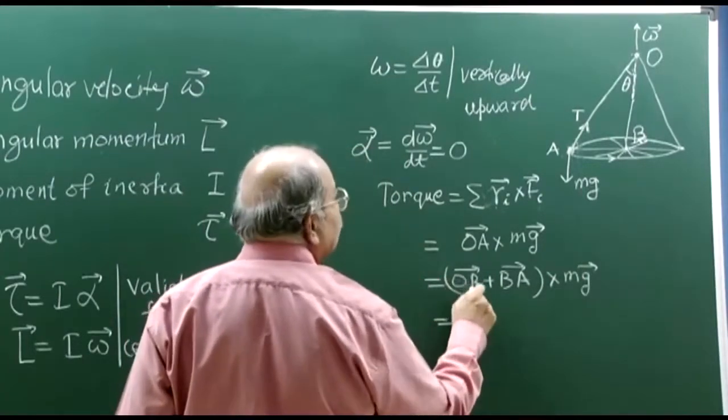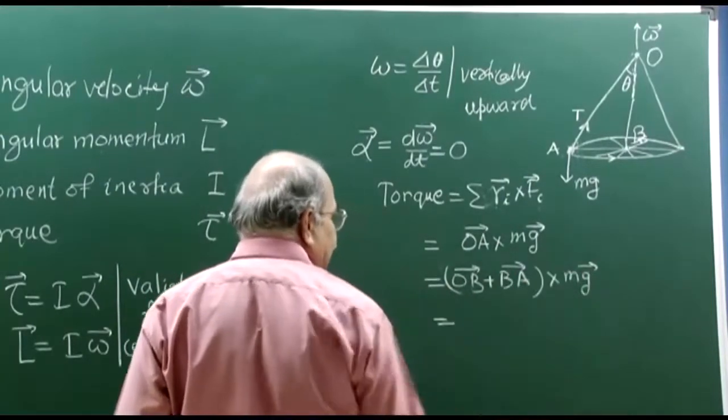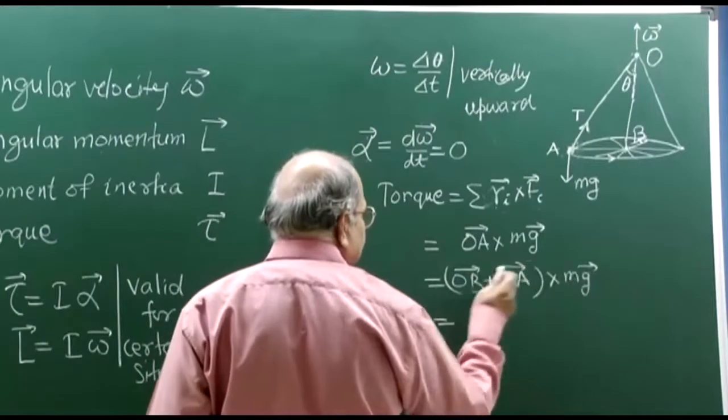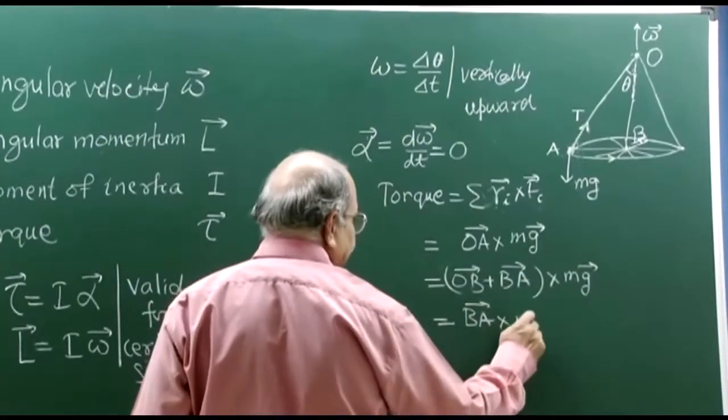Then OB is in the vertical direction, mg is also in the vertical direction. So, this cross product will be 0, and it will be BA cross the mg vector.